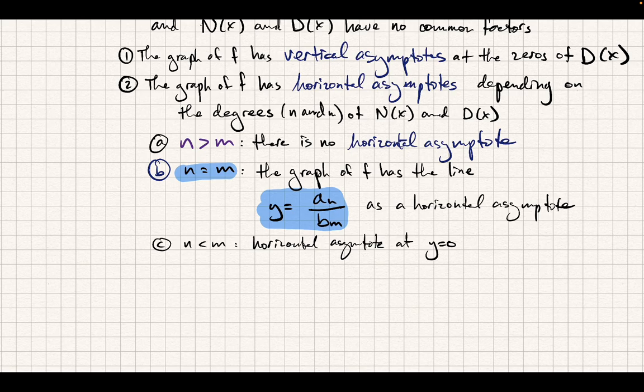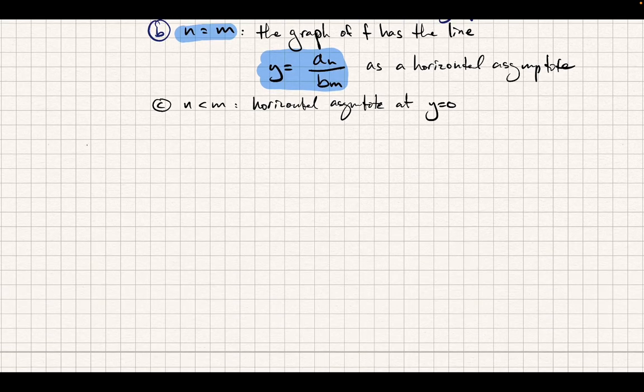Let's do some examples. Find all vertical and horizontal asymptotes for this function.